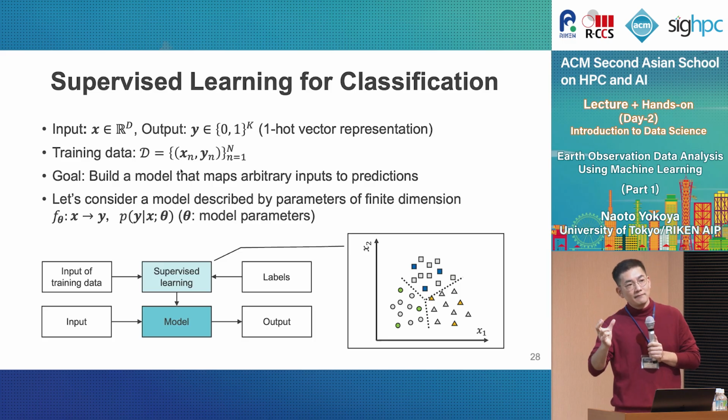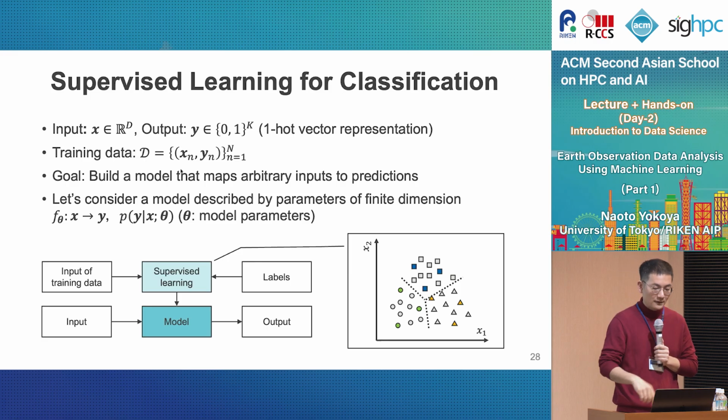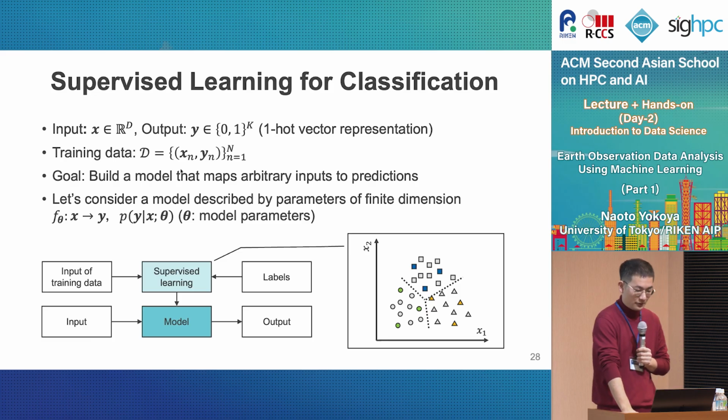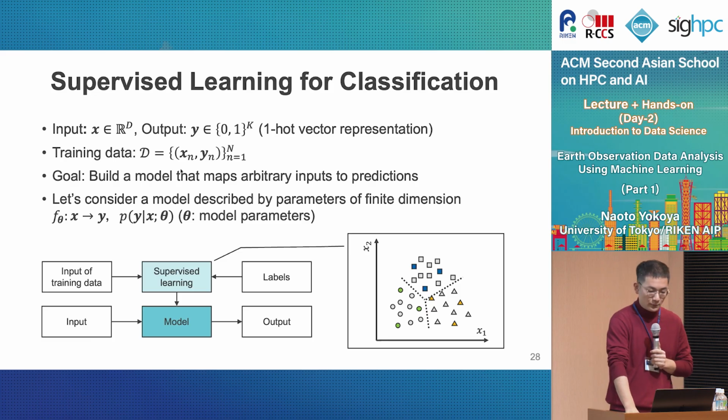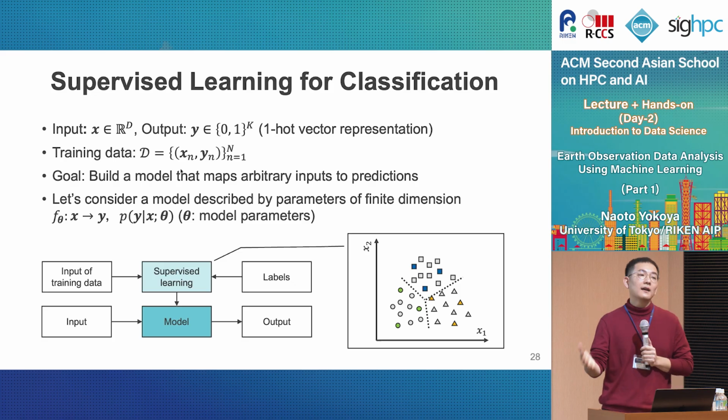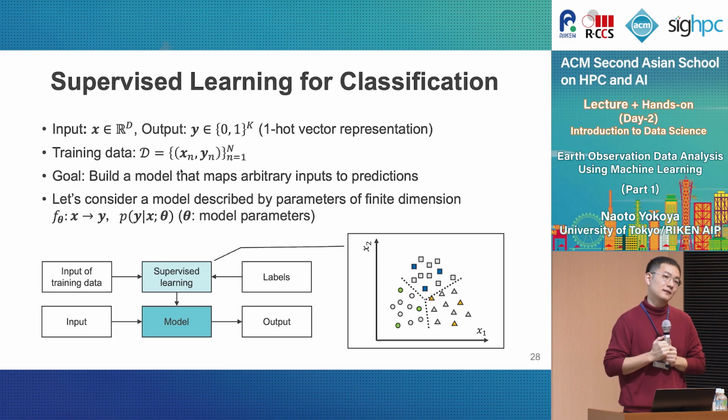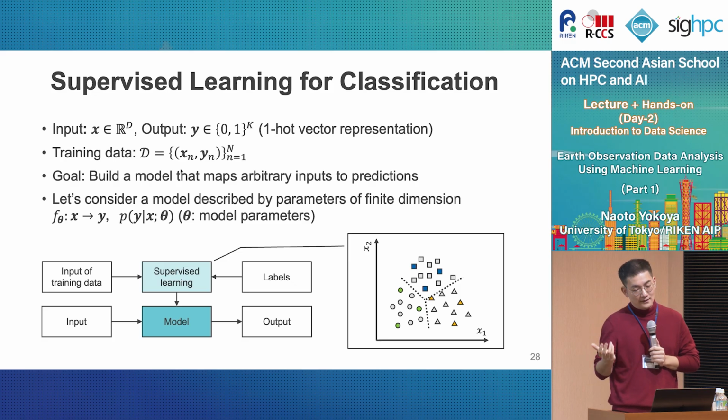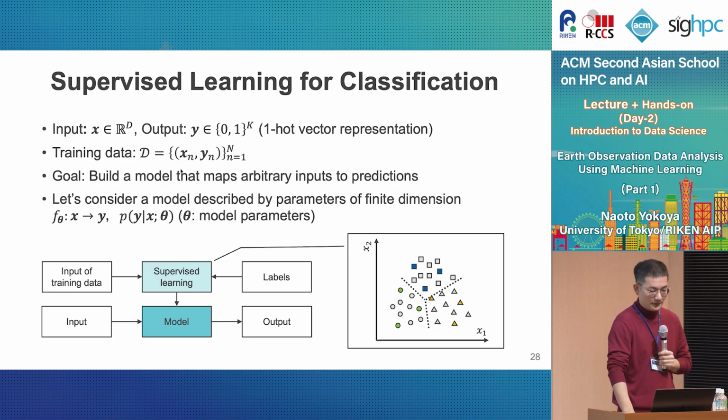We need to prepare many pairs to find the correlation between input and output and try to build a mapping function that maps X to Y. Once this mapping function is made, then for any X, we can get Y. That's what we want to do with supervised learning.